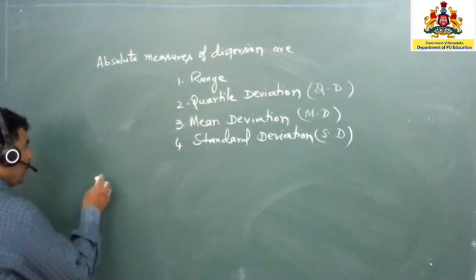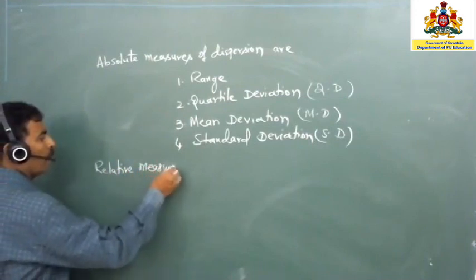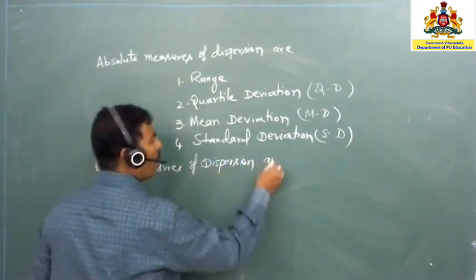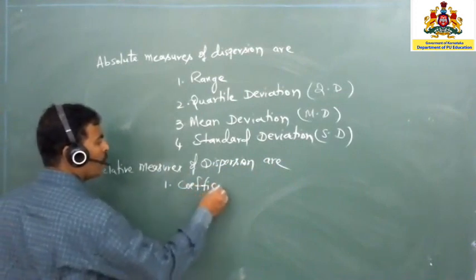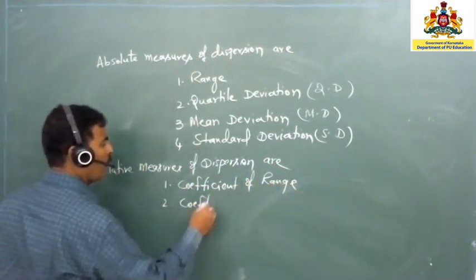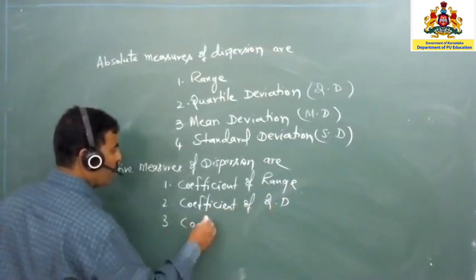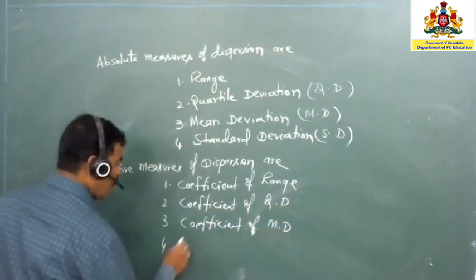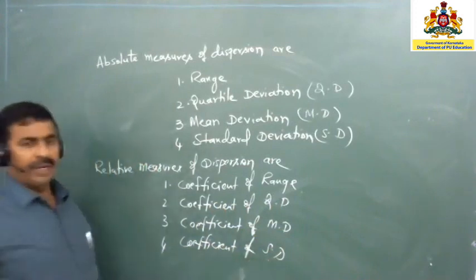Relative measures of dispersion are: first one coefficient of range, second one coefficient of quartile deviation, third one coefficient of mean deviation, fourth one coefficient of standard deviation.